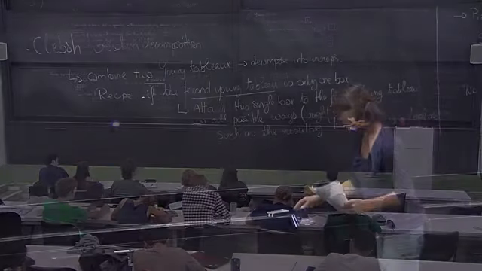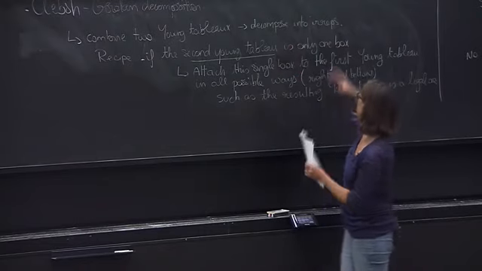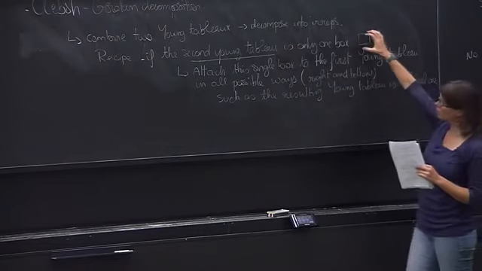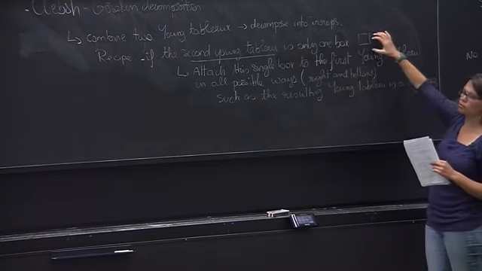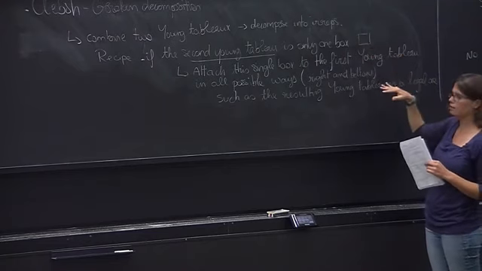Let's just illustrate this. This is when the second tableau is just one box. Then, of course, if you want to generalize this to a more complicated second Young tableau, you do the same thing box by box. You can in fact do that straightforwardly.